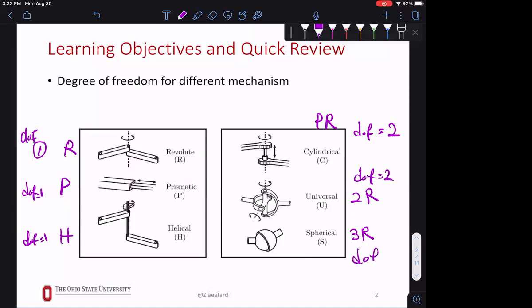What's the DOF here? 3. All right. So these are the joints that you'll see now. Our mechanism will be a combination of these joints plus links, because every joint has to connect to links, right? That's how you will see the mechanism.